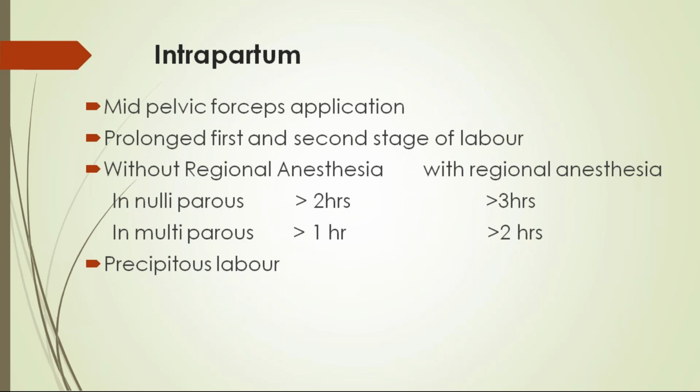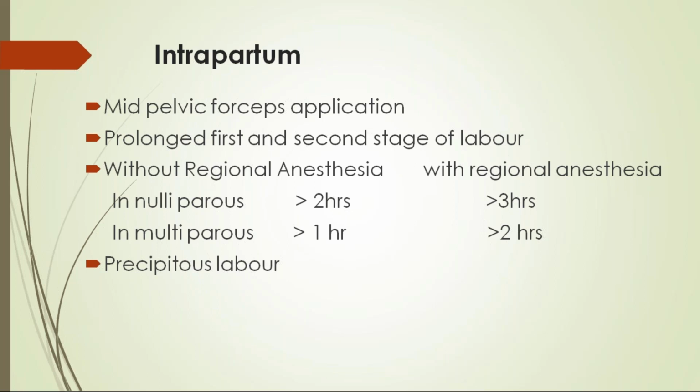Coming to intrapartum risk factors, as we already discussed, mid-pelvic forceps application. The problem with mid-pelvic forceps application is we can deliver the head of the baby in case of macrosomia, but the shoulders' bisacromial diameter will be more than the biparietal diameter.